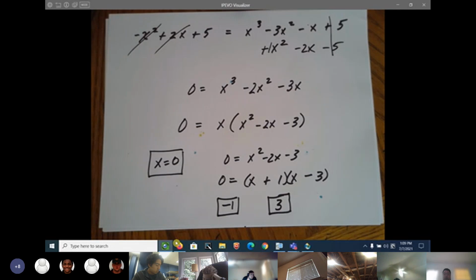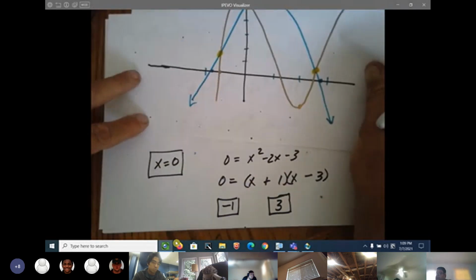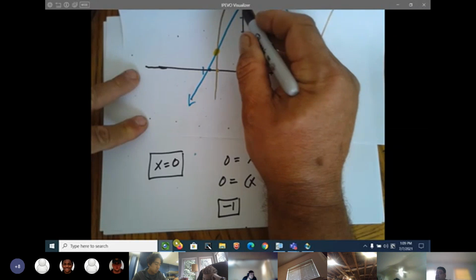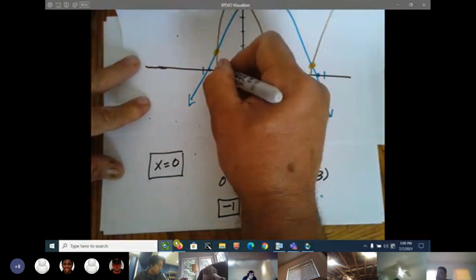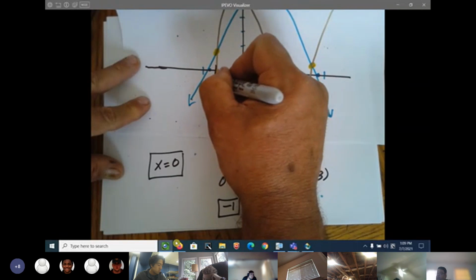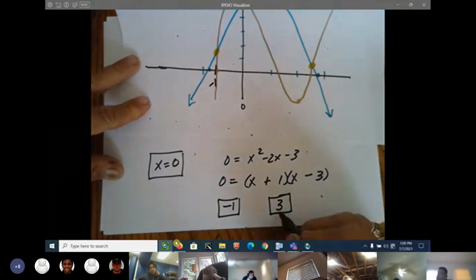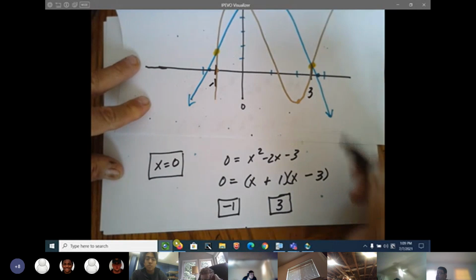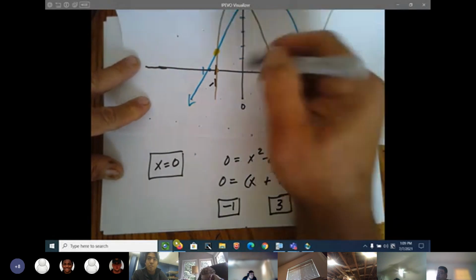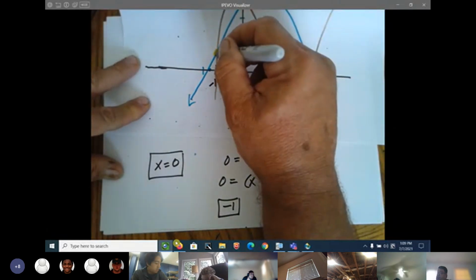So let's go back to our graph. So 0 right here, x is equal to 0. Negative 1 is right here. And positive 3 is right here. So there is your intersection points.